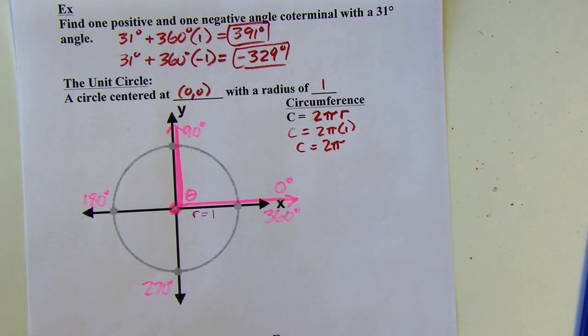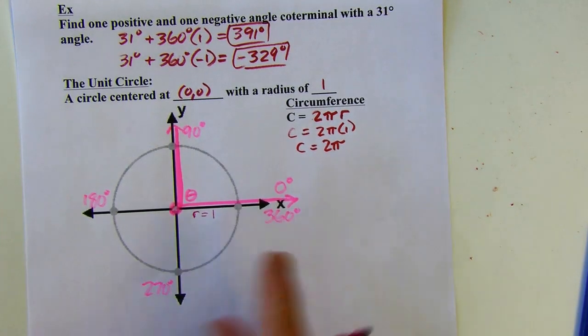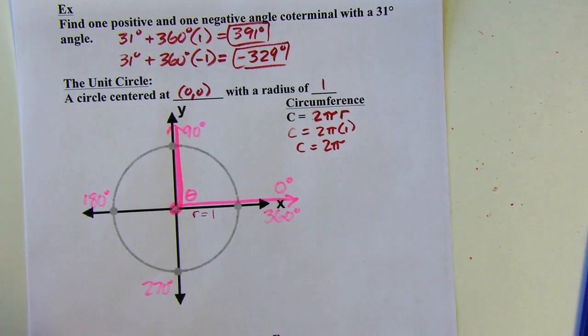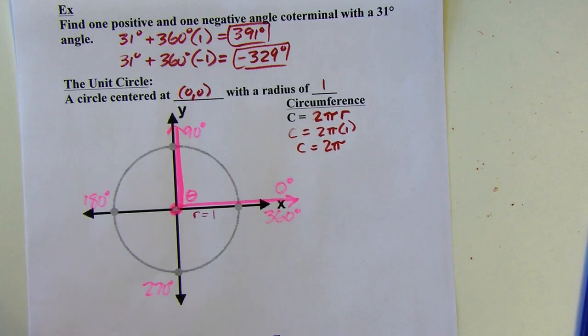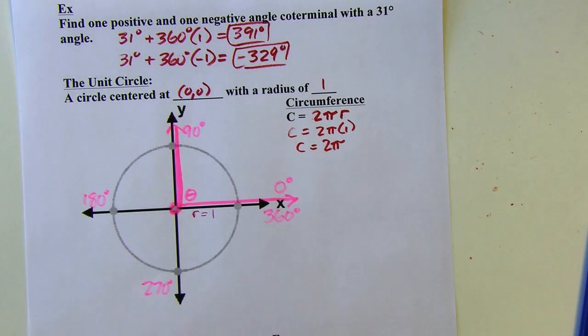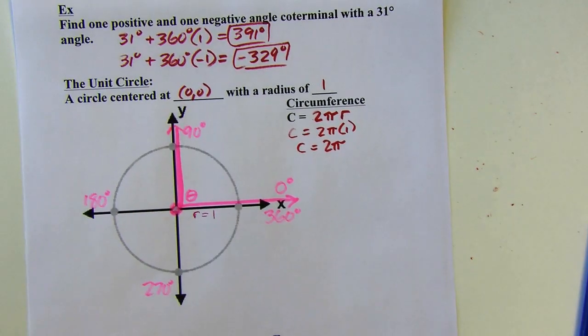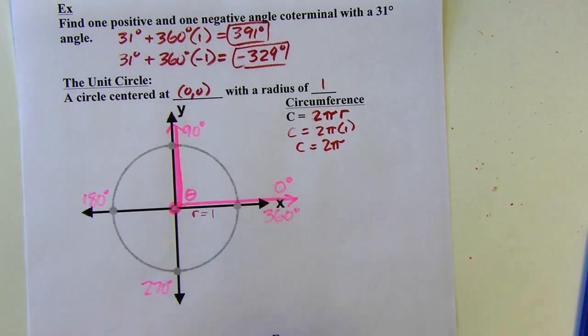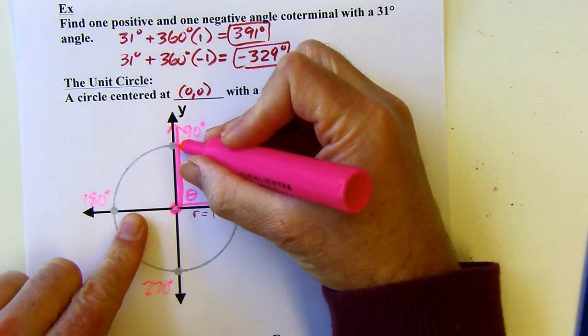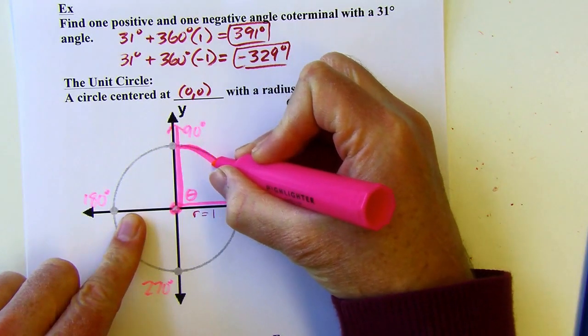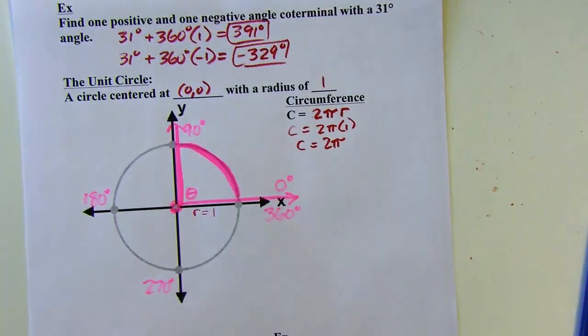Now there's another way that you can measure angles besides degrees, and that's called radians, radian measure, okay? And so here's how it works. The radian measure is going to refer to the amount of the circumference that an angle is cutting out. So if I look at this 90-degree angle right here, that's cutting out a quarter of the whole circle, right?